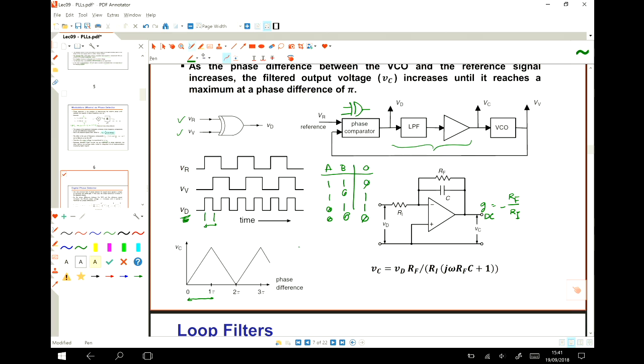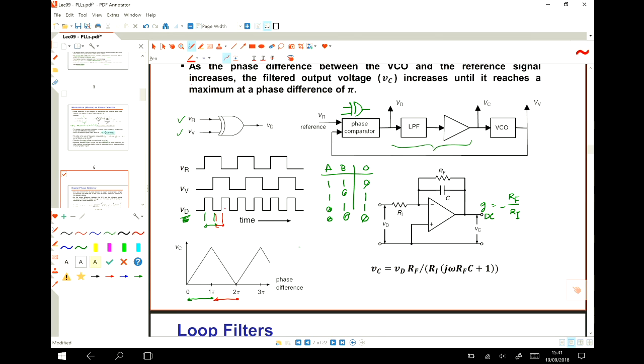Then from here to here, then the VC is like this.